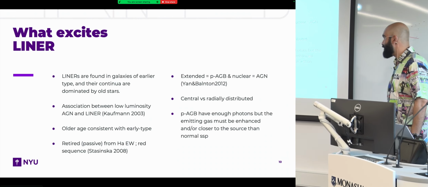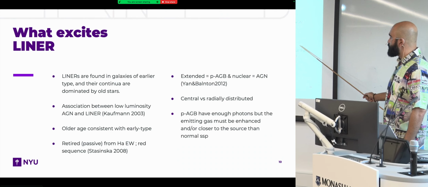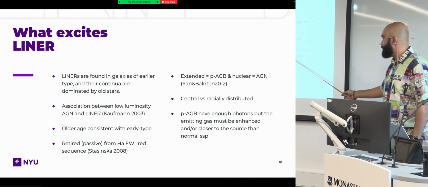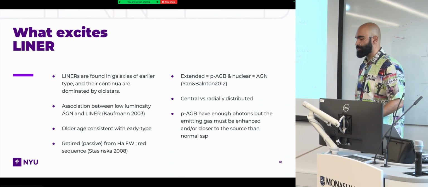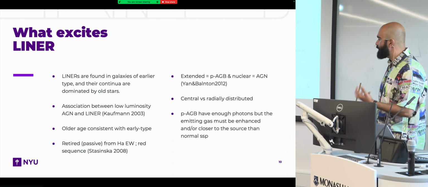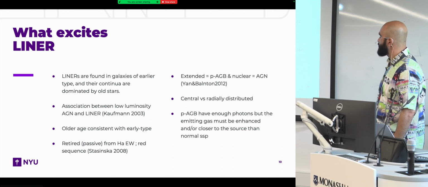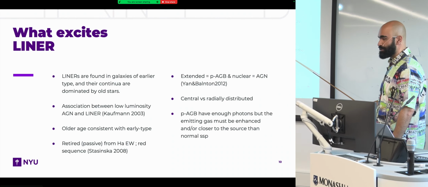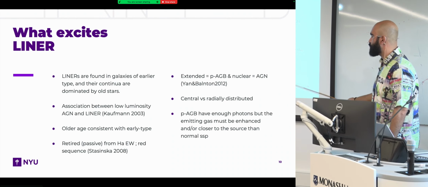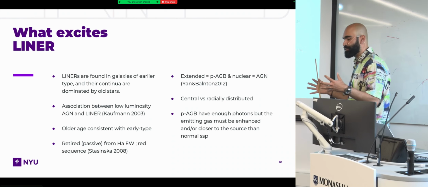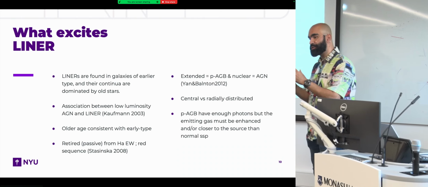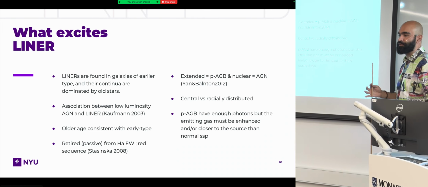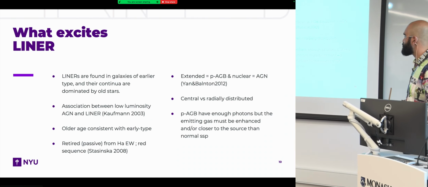But the trick is that the source plus the supply of gas around it that would produce these lines has to be either enhanced in abundances and/or have a higher ionization parameter, or the gas has to be closer to the source than is typical of normal HII regions, for example, right?